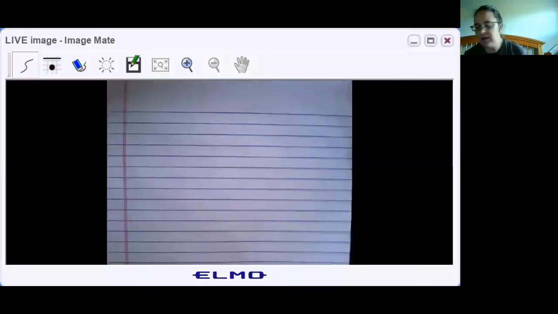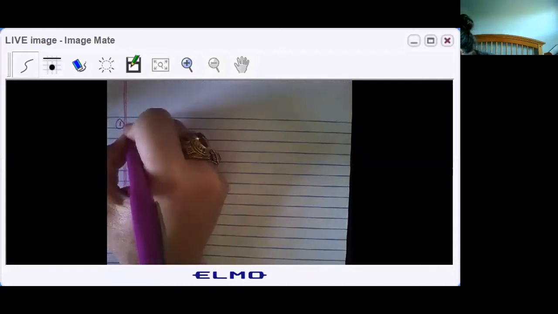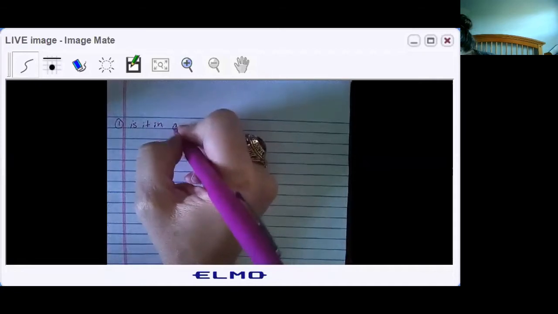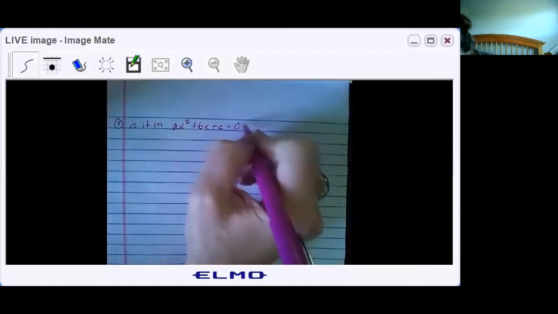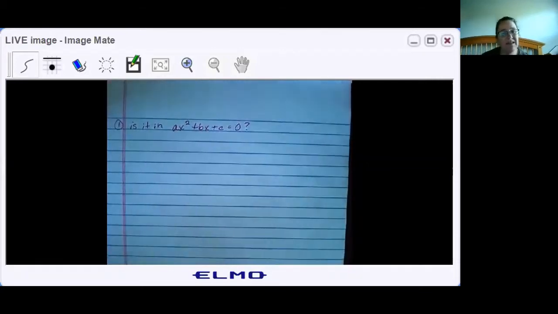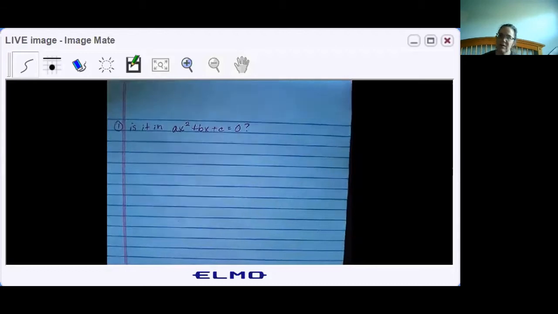Now, there are steps to follow when we do this. The first step is always to make sure it is in proper form. So we've got ax squared plus bx plus c form. Now does it always have to equal 0? No, but sometimes it will because we'll talk about roots.